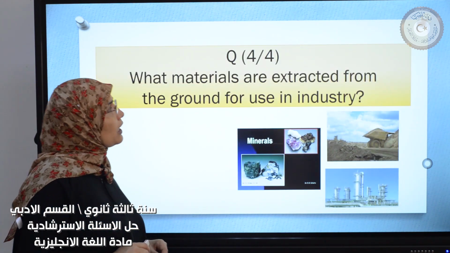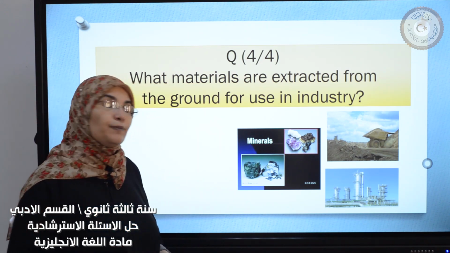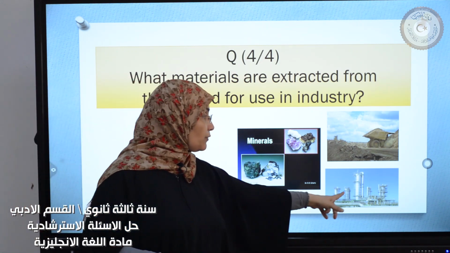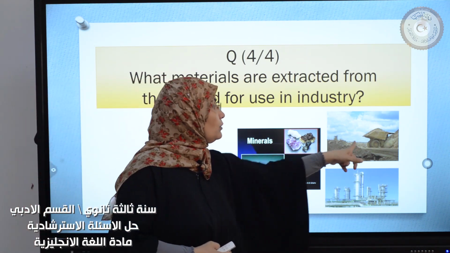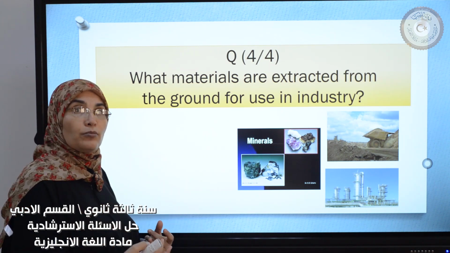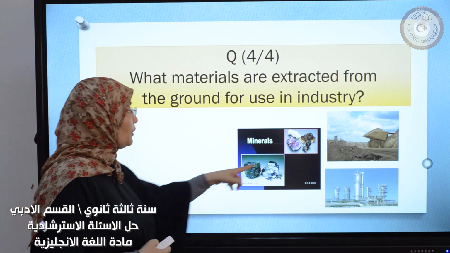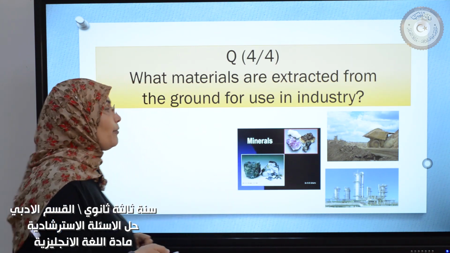What materials are extracted from the ground for use in industry? Industry, في التصنيع أو في الصناعة, and then ground. So what do we extract from the ground? You have a clue here. What's the word? Yes, minerals.